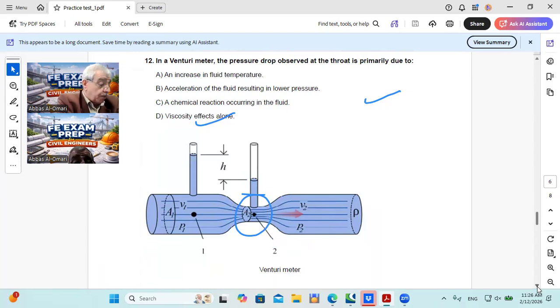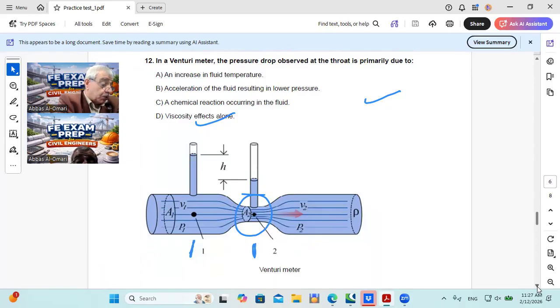Now, water is flowing in this pipe, or fluid is flowing in this pipe, and it has an initial area of A1. Now the area was reduced. Now if we apply the Bernoulli equation between section 1 here and section 2, which is conservation of energy, pressure energy, and also potential energy and kinetic energy.